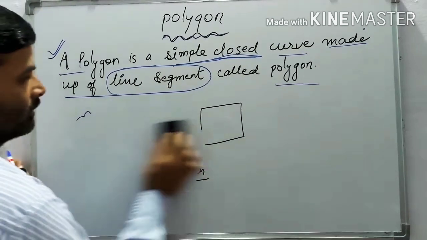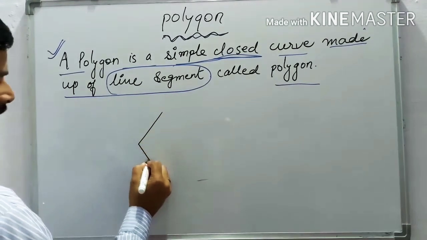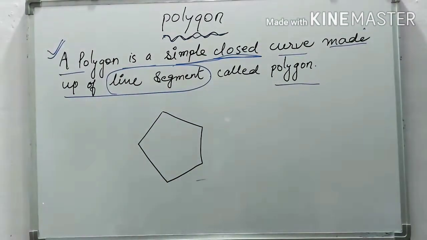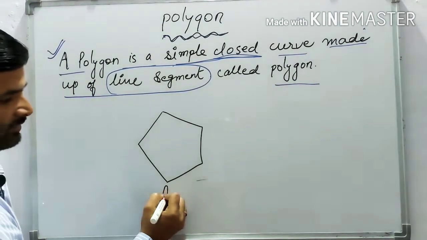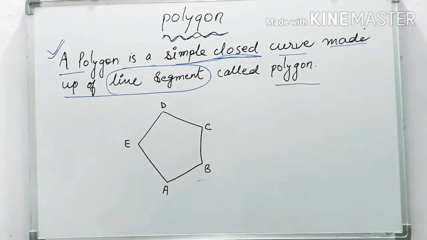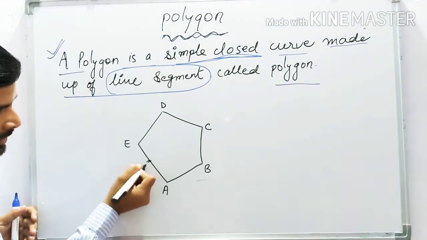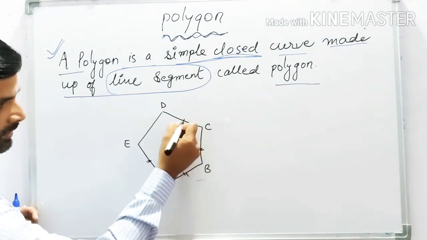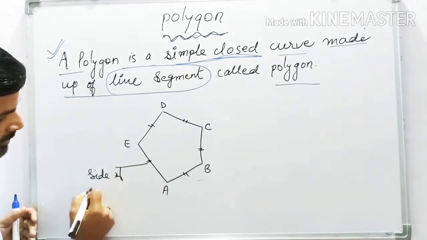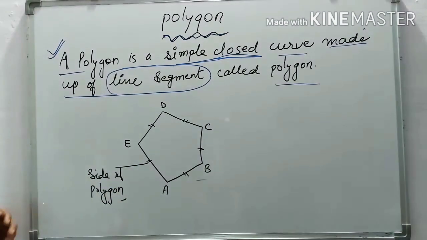Some parts of a polygon: suppose you draw a 5-sided polygon. This is a 5-sided polygon named A, B, C, D and E. These five are called the sides of the polygon.